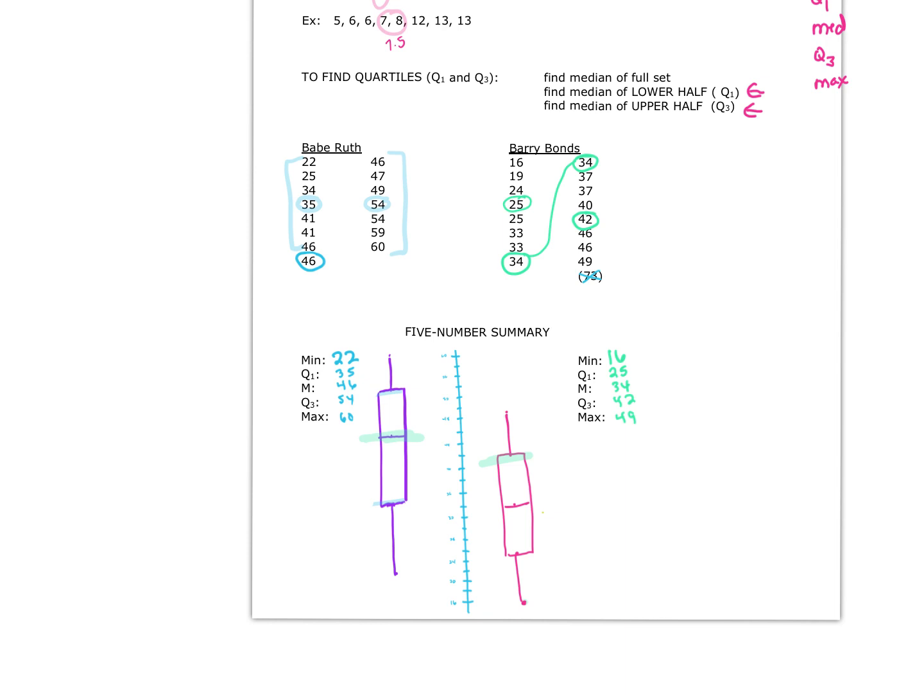Let's compare the maximum value for Barry Bonds to Babe Ruth's quartile 3. Yeah, it's less than quartile 3, right? So think about what that means. That means more than 25% of the values in Babe Ruth's set of data are greater than all of the values for Barry Bonds, which is better.